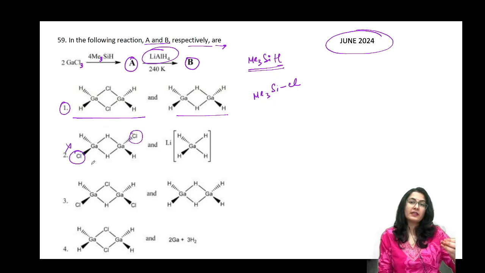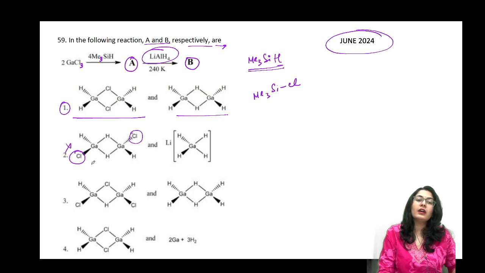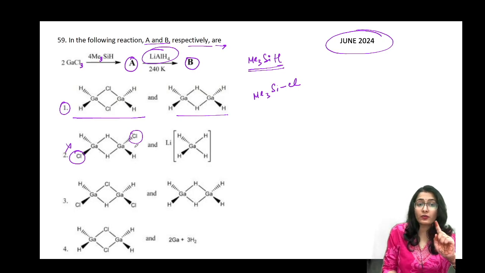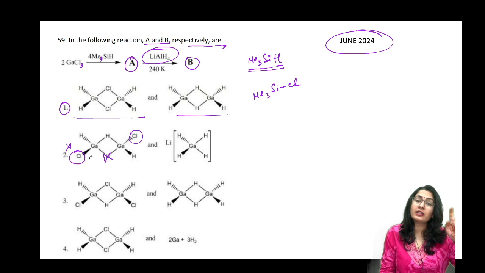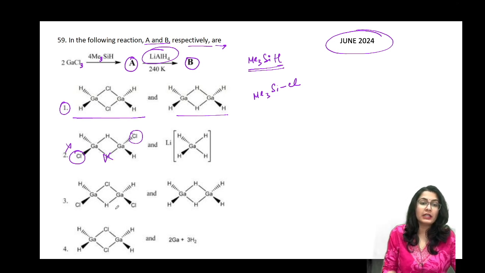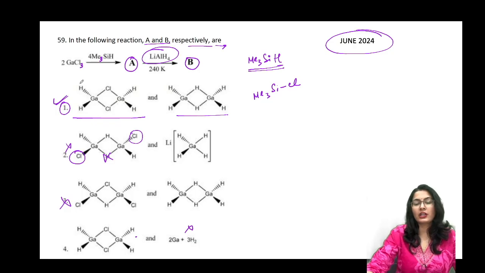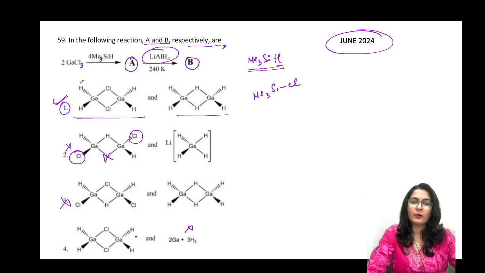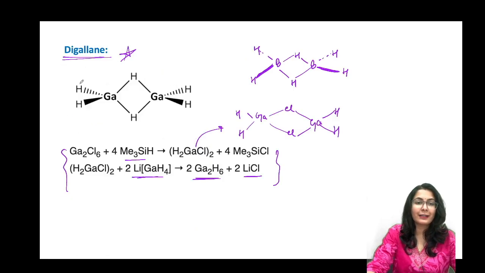When Cl is present, it is more electron rich. It has a lone pair, so hydrogen cannot be bridging in the presence of chlorine. Not possible. And 3 chlorines, no. Again, the structures are wrong. This is correct, but this is wrong. Right? First one is the correct answer. Chalo, you always have to check all the other options, not just go directly with the right one.